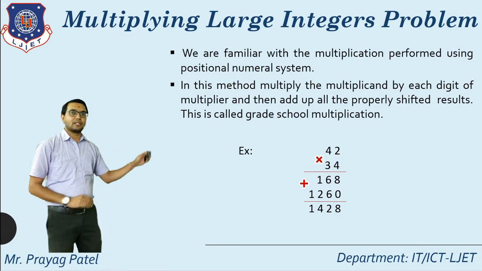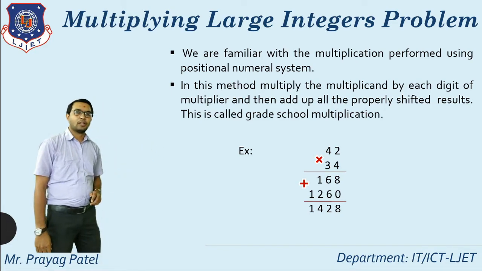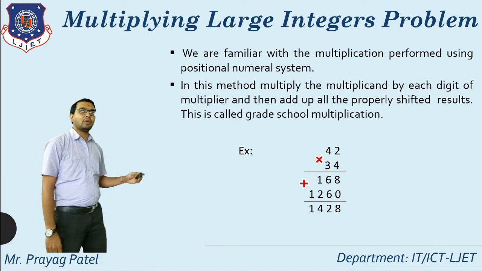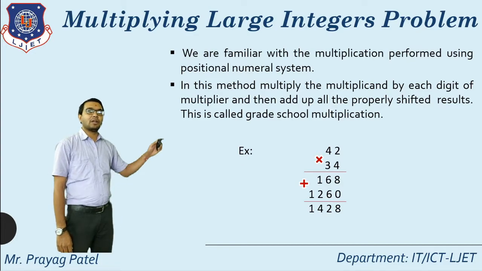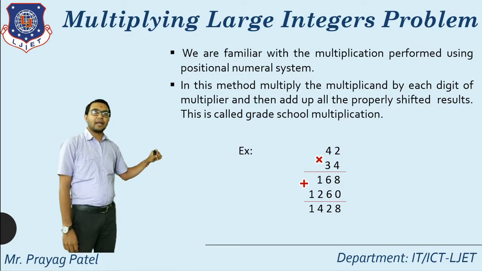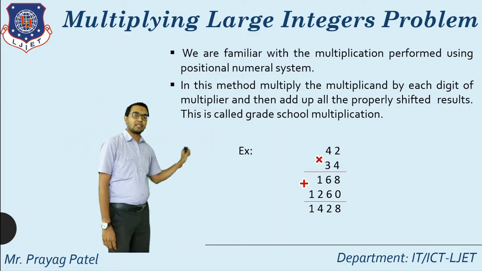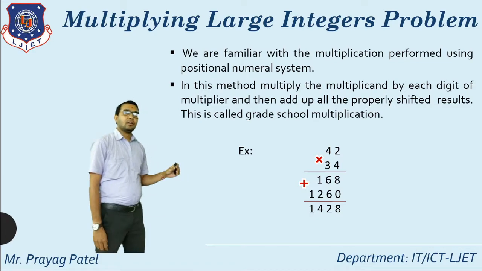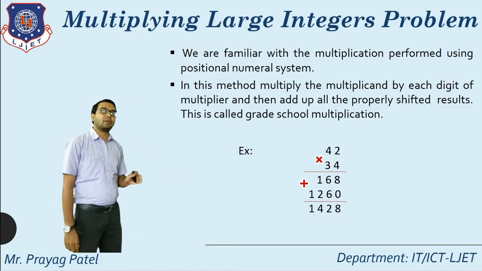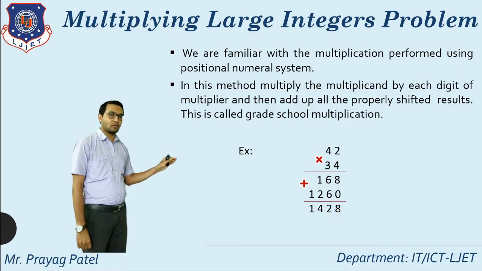Let's consider one example. If we want to multiply 42 with 34, how do we multiply these numbers? First we multiply 4 with 2, which gives 8. Then we multiply 4 with 4, which gives 16. After that we shift by one place, meaning we consider the last digit as 0 for the next operation.